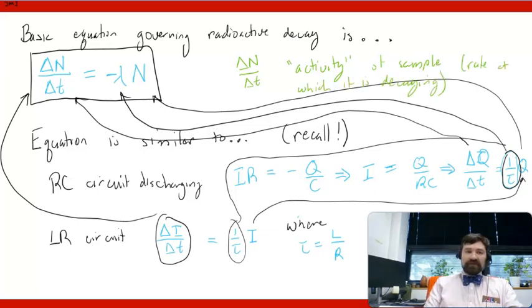And if you think about that definition, it should make some sense, because each time that you change the number of remaining nuclei, that basically means you've lost one nucleus. That required an emission to have happened, and that is your activity. So each time you lose one nucleus, you're also getting one emission, and so the more rapidly you're losing nuclei, the more rapidly you're getting emissions, and therefore the more emissions you would detect in a given time.